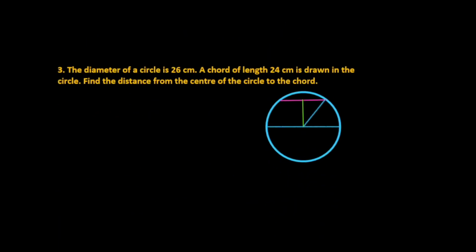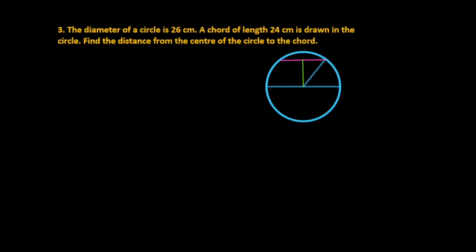Next question, the diameter of the circle is 26 centimeter. We can take, this is the diameter of the circle, AB is the diameter, then this is O. So given diameter of the circle AB, D is equal to 26 centimeter. Then radius, that is OA is equal to OB, both are radius, that is half of 26, 13 centimeter.